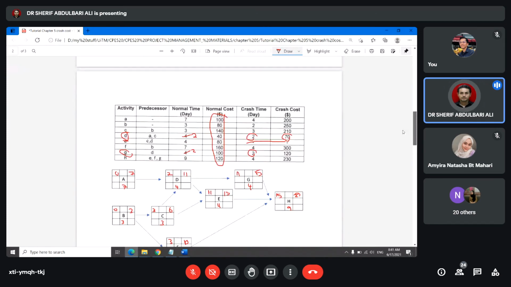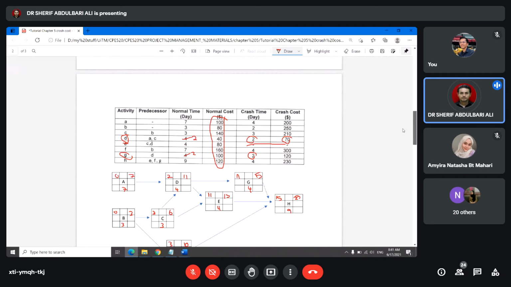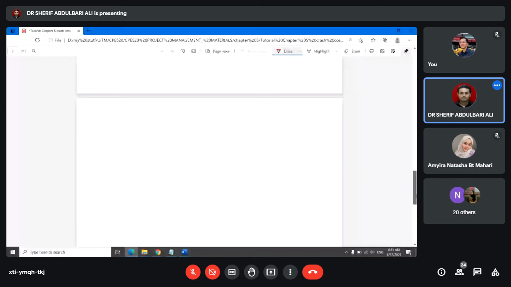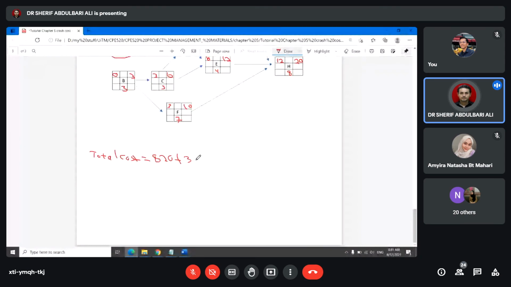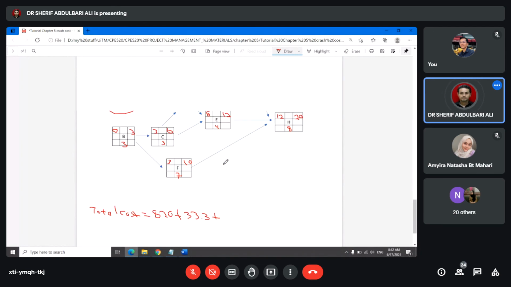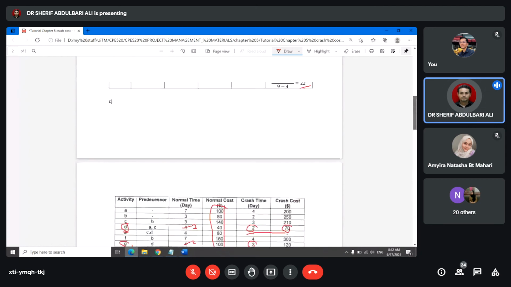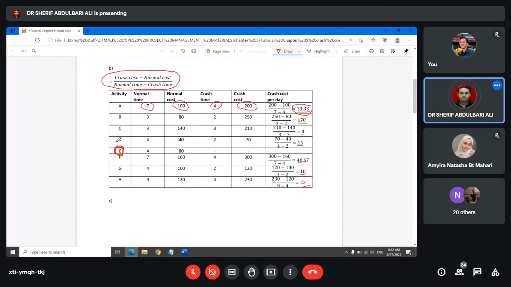So activity A, the cost for crashing it per day, take it from the table here. Activity A to be crushed 1 day, this is the cost. So back here, you crush it here 1 day, 33.33 ringgit per day. Plus, you crushed activity D for 2 days. So how much is activity D per day?